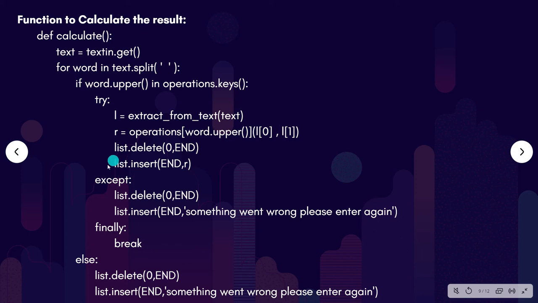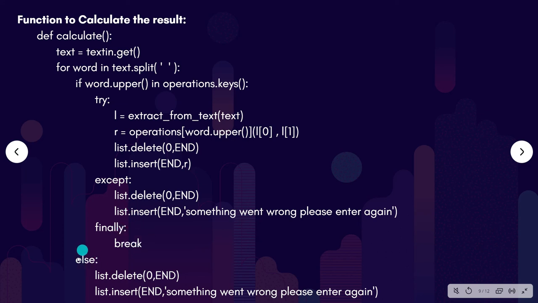Now I have an except condition, the condition in which the user entered something else. In that case, first delete everything from the list box and then insert after the end this message, something went wrong, please enter again. And finally we will break the loop.